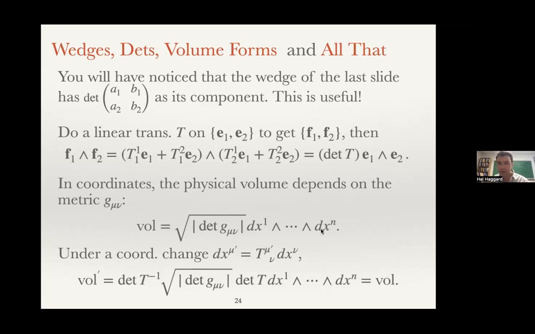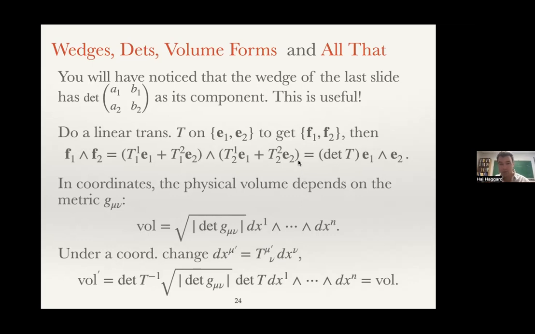Okay, but now let's see what happens under a coordinate transformation. Let's imagine that we change from the unprimed coordinates to the primed coordinates via this linear transformation, T with a mu prime upper for the new coordinates and the nu lower for the old coordinates.